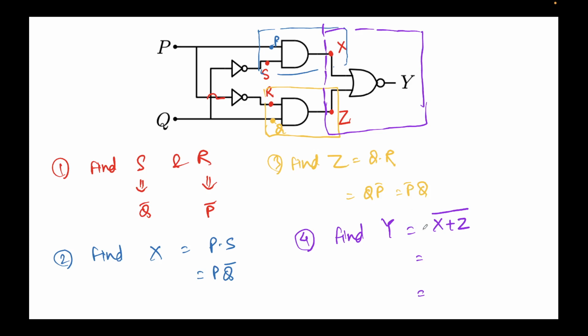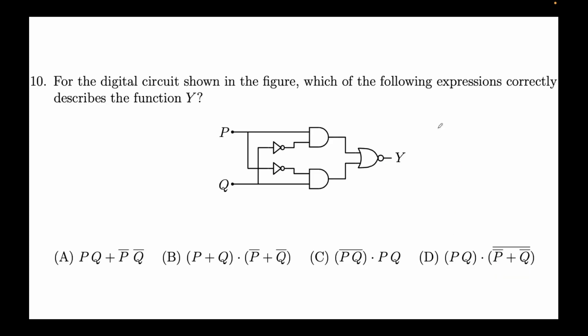All right, so DeMorgan's law, it will be X bar times Z bar. The value of X is P Q bar whole bar, the value of Z is P bar Q whole bar. Let me take this to the next slide. So it's P Q bar whole bar dot P bar Q whole bar.